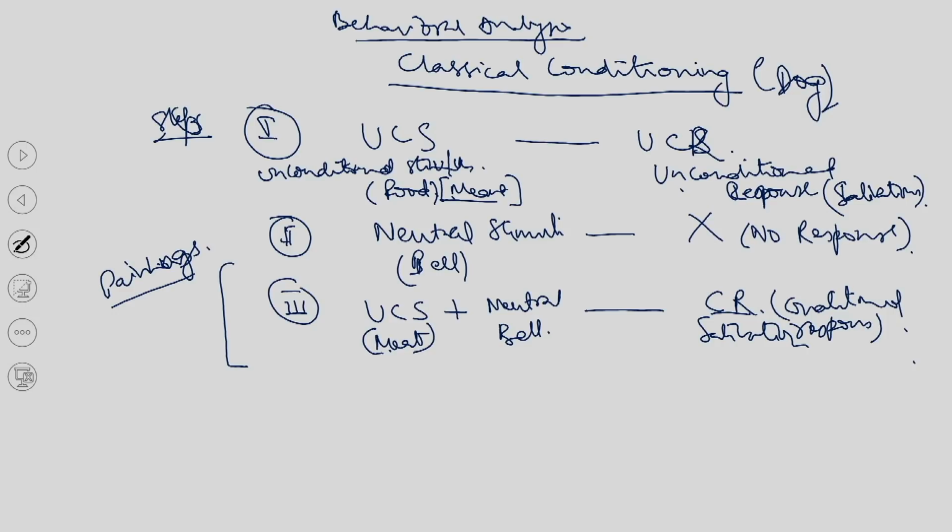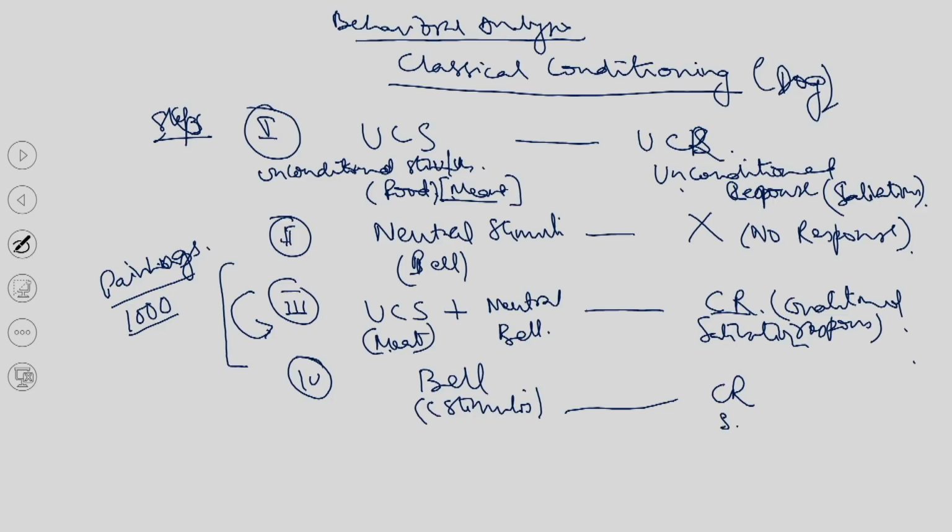Right. And so, what has happened is I will do, let us say, 1000 pairings, which means that 1000 times I will repeat this step. Now, if I do that, I will come to a stage 4, where I just present the bell, which now is called the conditioned stimulus, and that will lead to the conditioned response, which is salivation.